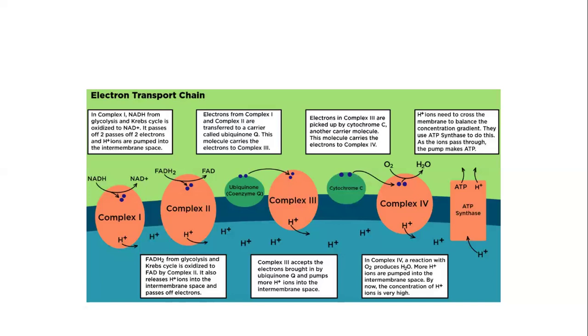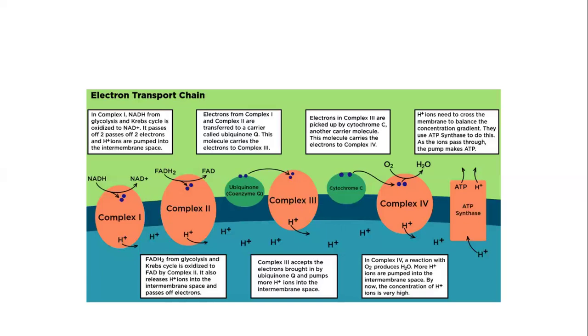If you remember from chemistry, where electrons are moving, you generate a current. So as you pass electrons through the electron transport chain, as they move down, protons are going to be pumped, and these are your H plus ions. They're going to be pumped into something called the intermembrane space.